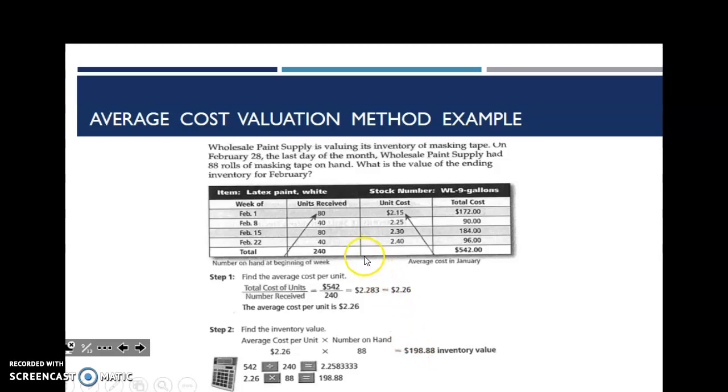And you do that again by totaling the units received, totaling the total cost of the units for the month, dividing the total cost by the number received to get an average cost per unit, and then multiplying that average cost by your ending inventory to get an ending inventory value. And that is average cost valuation.